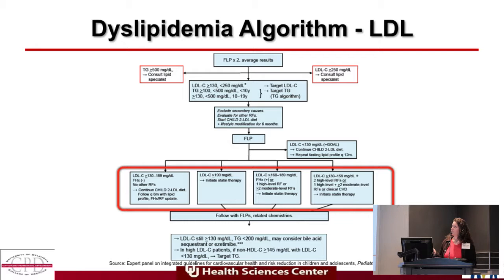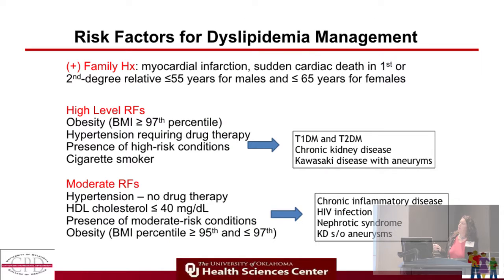Those risk factors are listed right here. So if you have a family history of an MI or sudden cardiac death in a first-degree relative, based off age for males and females, and then there are what they call high-level risk factors and moderate risk factors. This was all new terminology to me when these NHLBI guidelines came out, because it's a lot to digest, and I don't know how to simplify it.